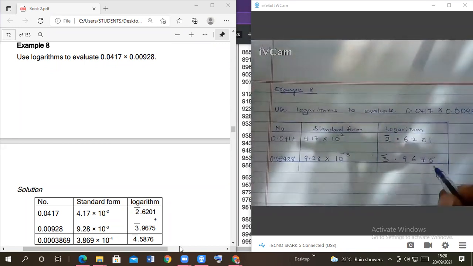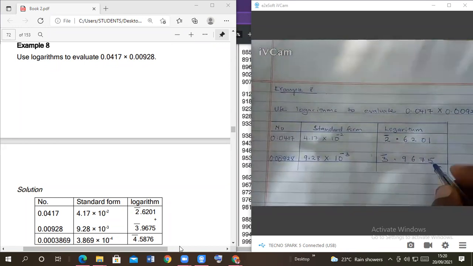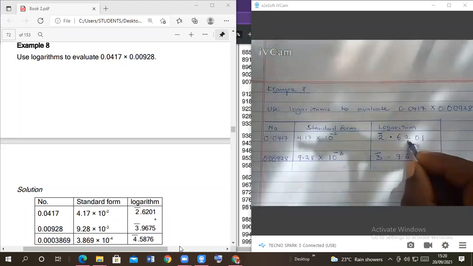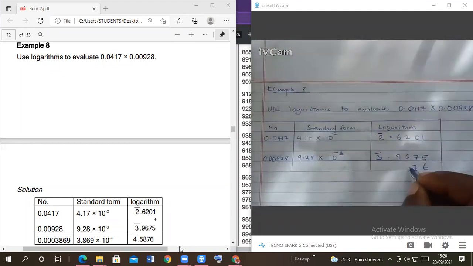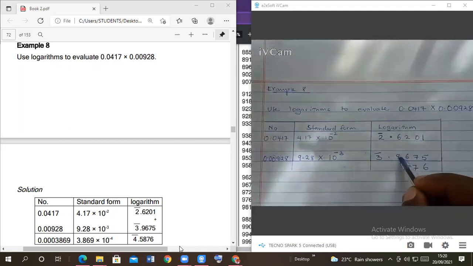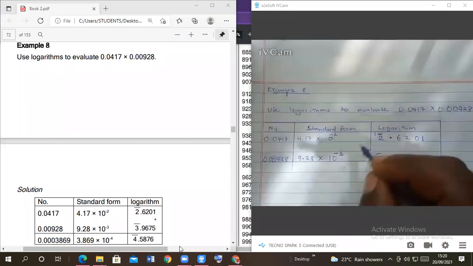So let us add this plus this, what do you get? 6. This plus this you get 7. And this plus this you get 8, isn't it? And 9 plus 6 you get 15. Point, you carry 1.